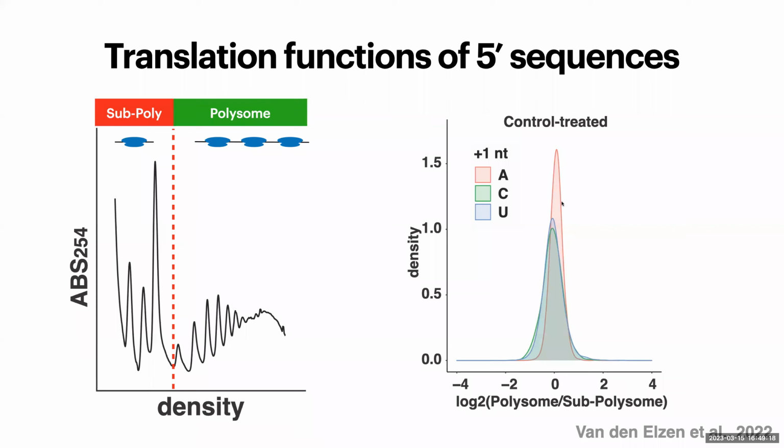You can see here that +1A RNAs are a little bit more polysome-associated, +1C RNAs are a little bit less polysome-associated, as are +1U RNAs. But there was no obvious motif other than the first nucleotide identity that correlated with differences in polysome association.